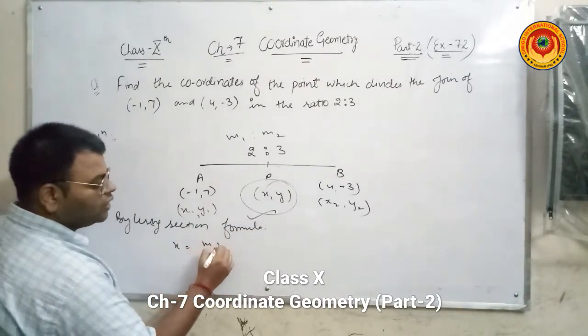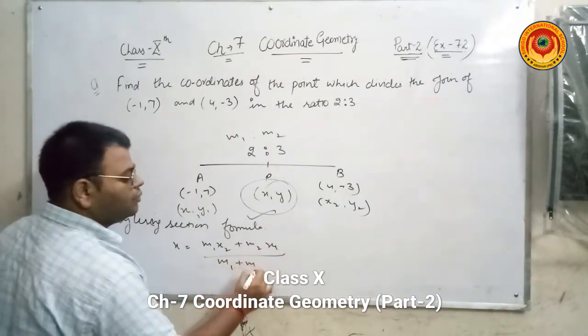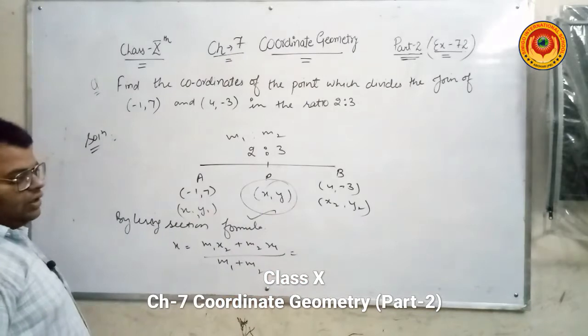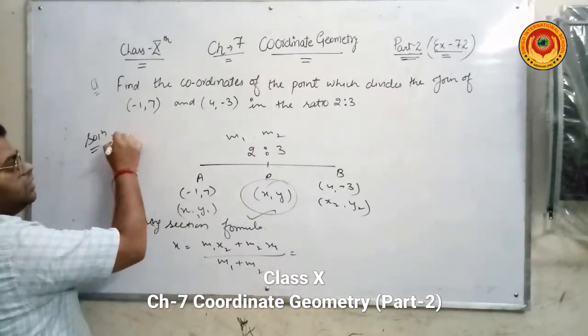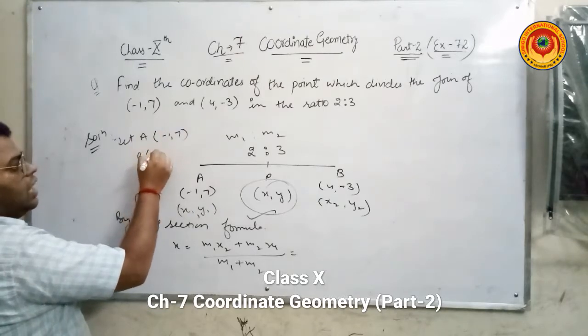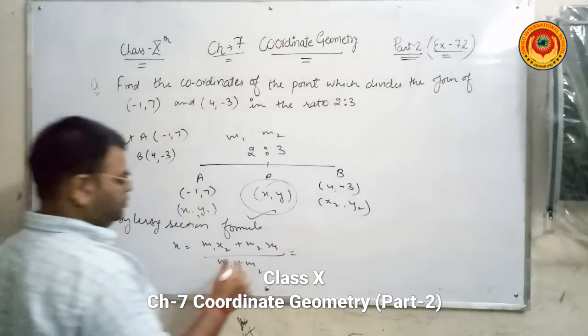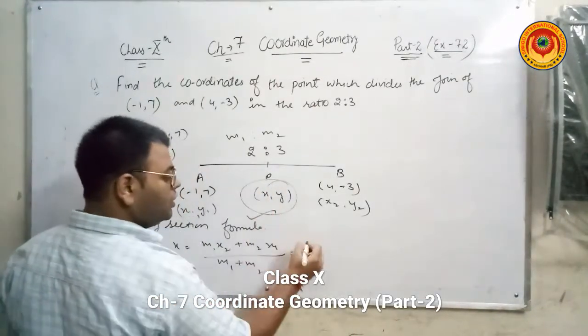By using the section formula, x equals m1 x2 plus m2 x1 over m1 plus m2. You can mention here also "let A", because I have taken the names from my side. So what is your m1? 2.